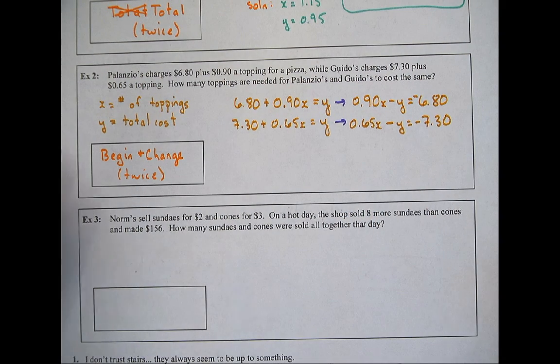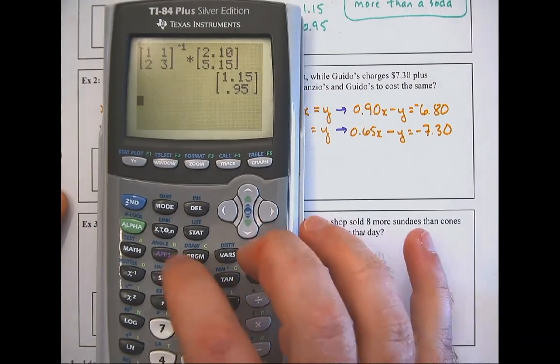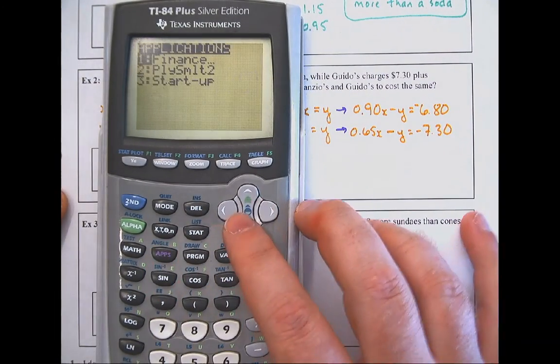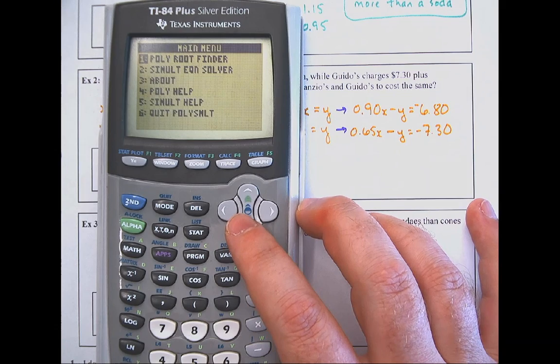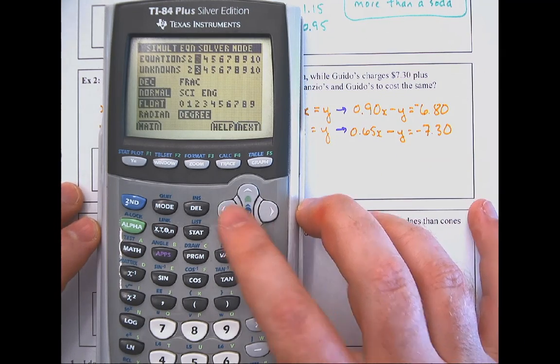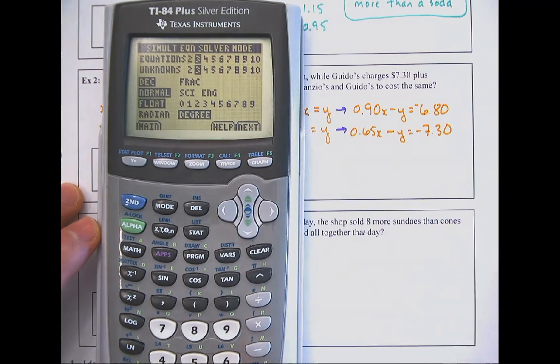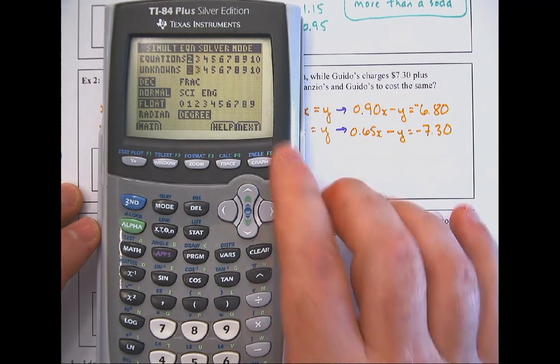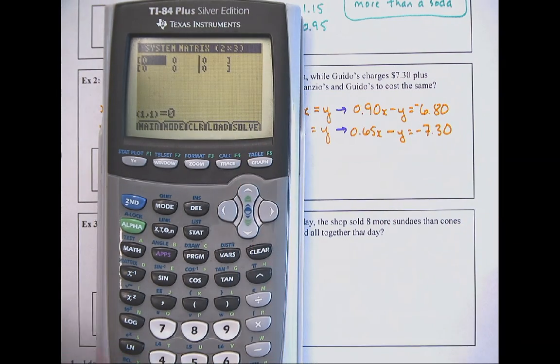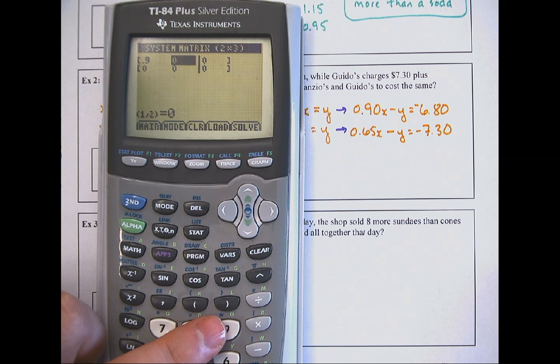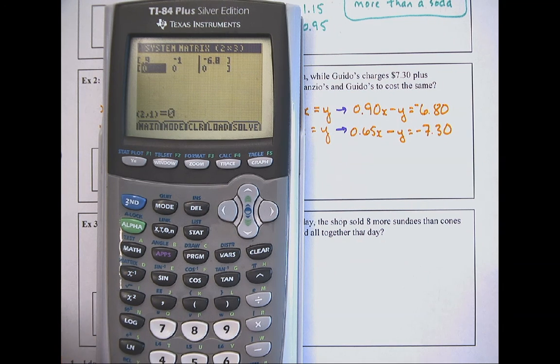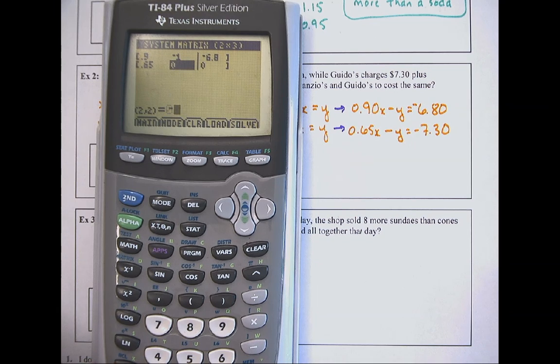This time I'll use PlySmlt. So that would be under Apps, PlySmlt, enter. Simultaneous equation solver. This time I have two equations and two variables. I need to tell my calculator what the coefficients are. So 0.9, negative 1, negative 6.8, 0.65, negative 1, negative 7.3.